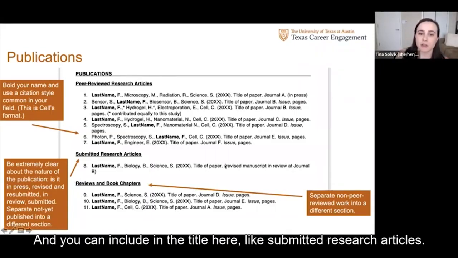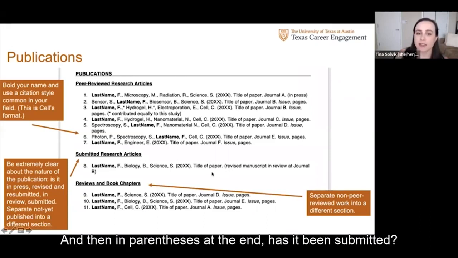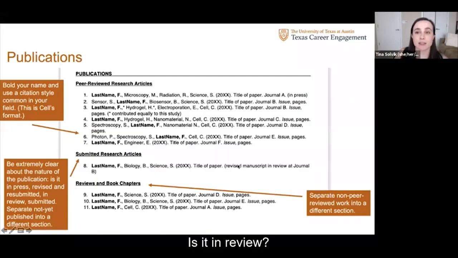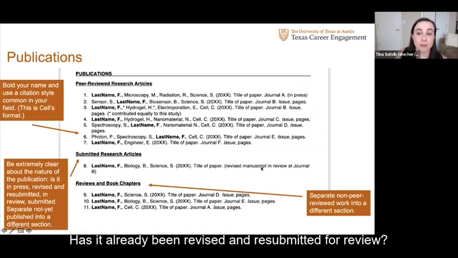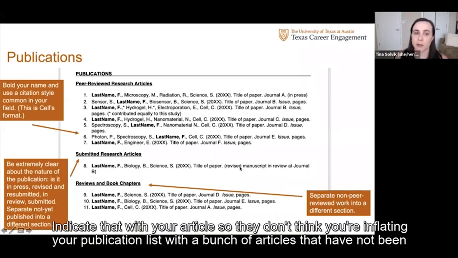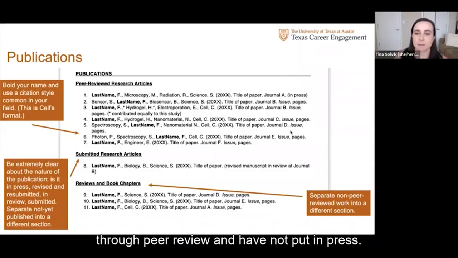And you can include in the title here, like submitted research articles, and then in parentheses at the end, has it been submitted? Is it in review? Has it already been revised and resubmitted for review? Indicate that with your article so they don't think that you're inflating your publication list with a bunch of articles that have not been through peer review and have not been put in press.